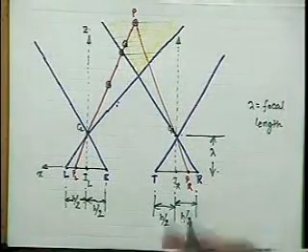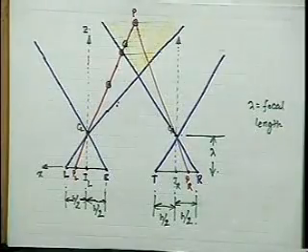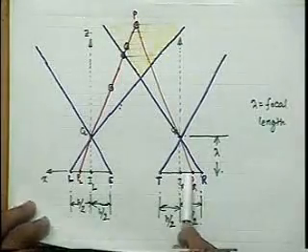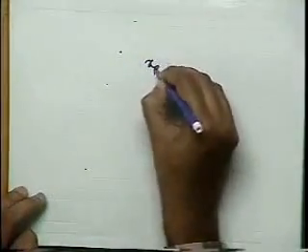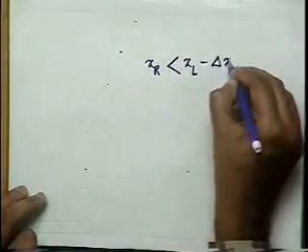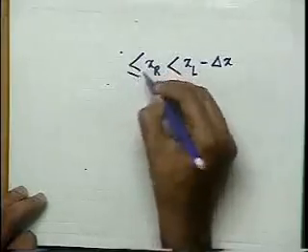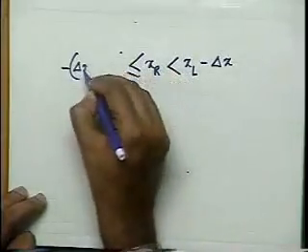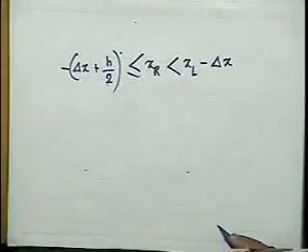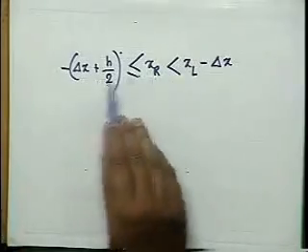If we do that, then we have the following bounds for XR. Given a particular point PL, we can have these limits for XR. We can write that XR is going to lie between XL minus delta X and minus delta X plus H by 2. This is going to be the limits for XR.